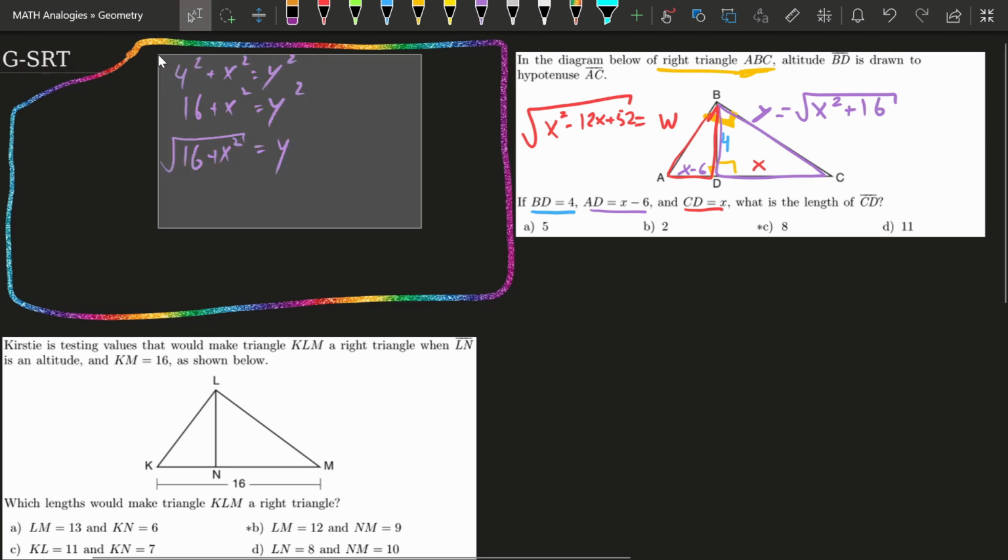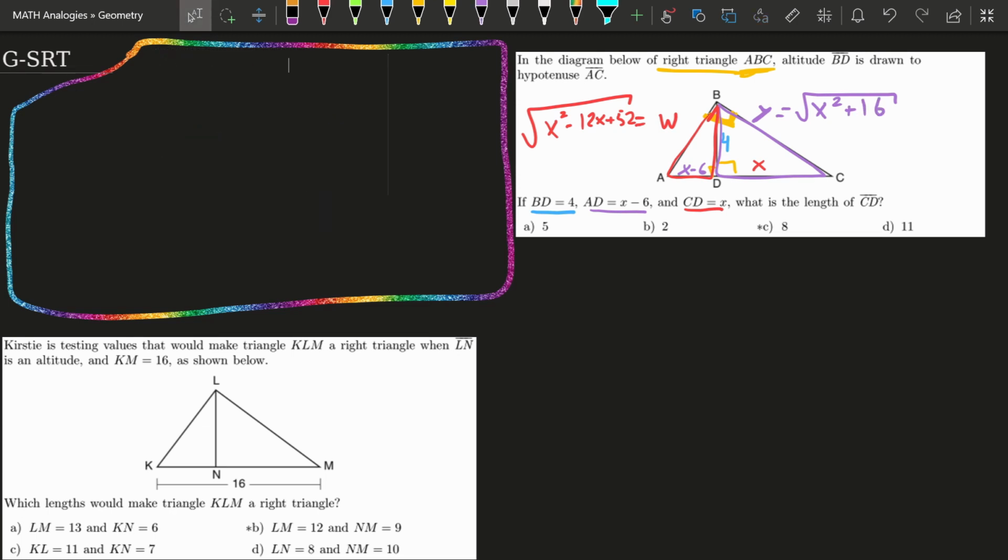Finally, on the largest triangle, we now know that W squared plus y squared is going to equal our total length 2x minus 6.